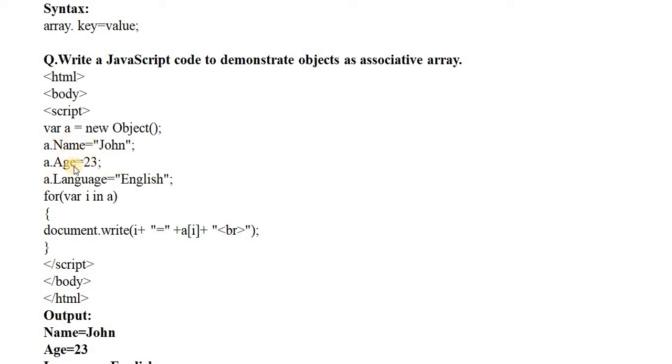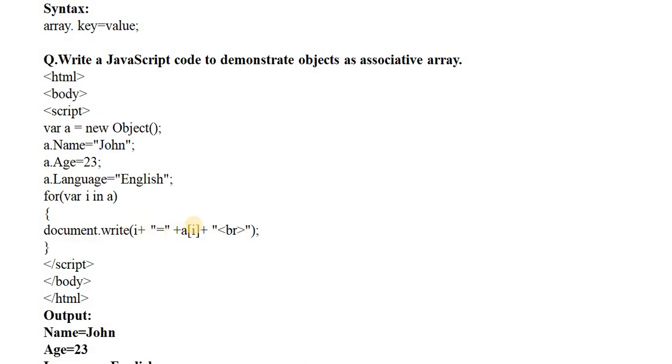By using this syntax, we can also access the array elements. And here we use a for in loop, where i in a means that we access each and every property of a with a variable i. And here we print document.write i is equal to a of i.